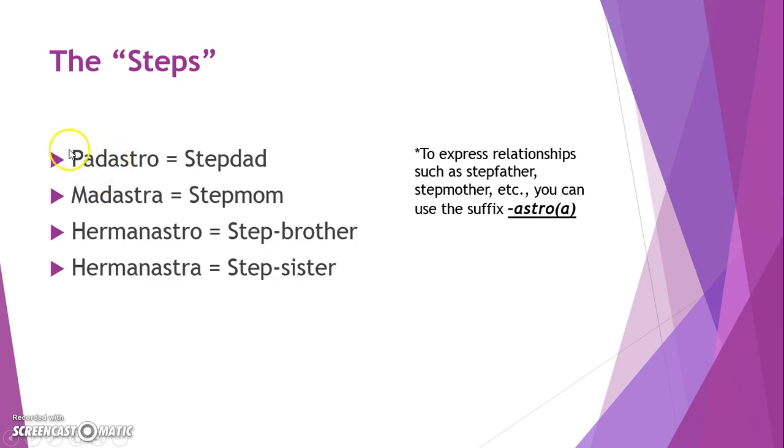Okay, you are going to take the root of the word and just change it to astro. Same thing here. This looks like we're going to say madre, but instead of saying madre, we add astra, and it becomes stepmom instead of just mom. And you'll see the similarities between hermano and hermanastro, and hermana and hermanastra. Okay? So you're basically just taking the root of the word and adding astro or astra instead of what it originally was to make it a step. Mother, dad, brother, sister, etc.